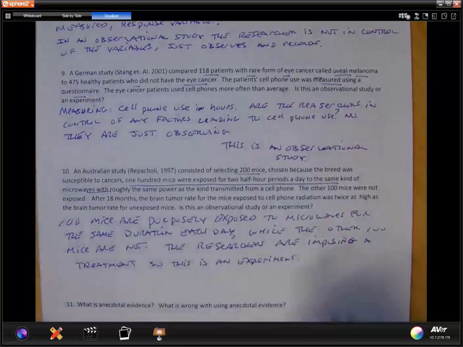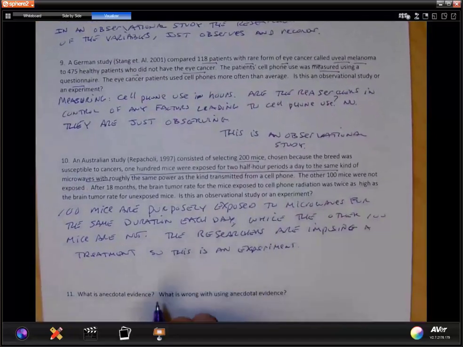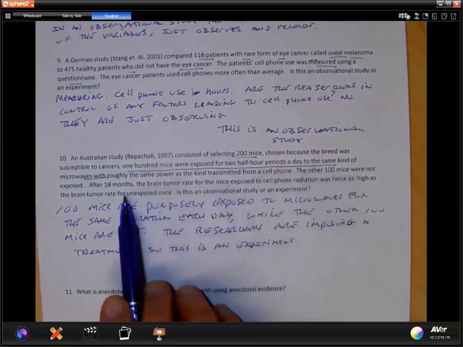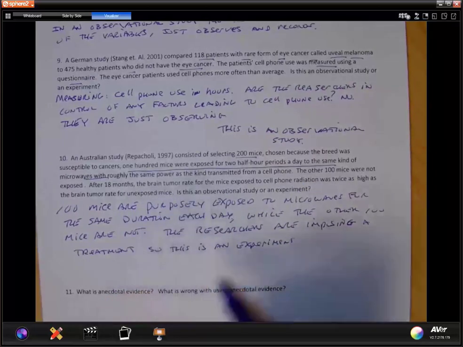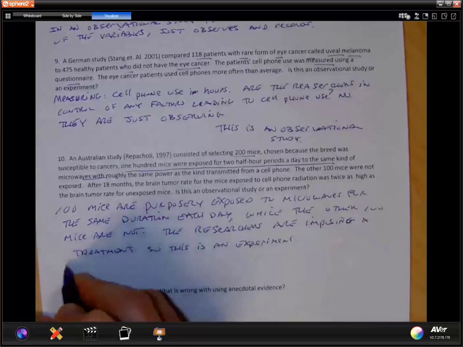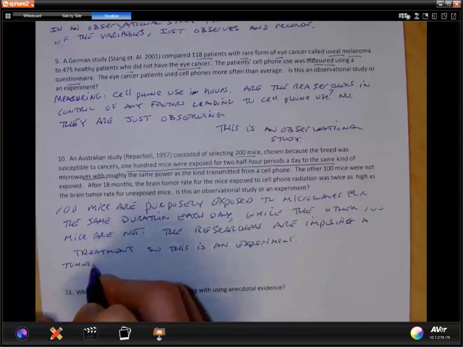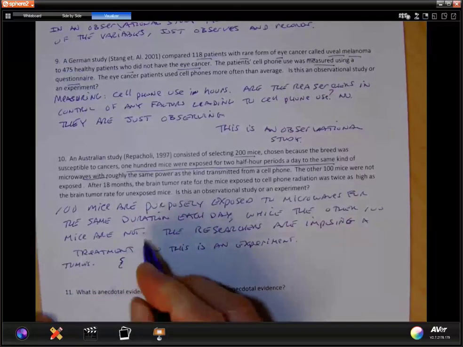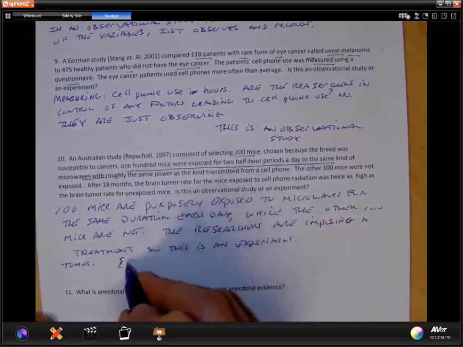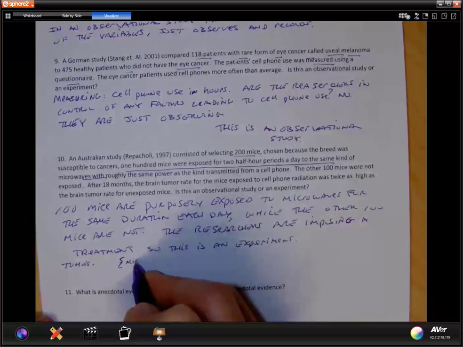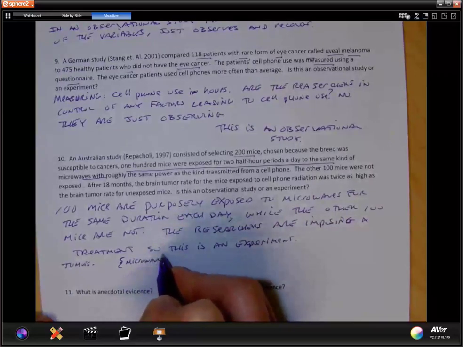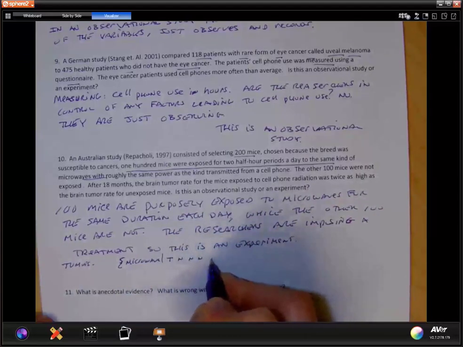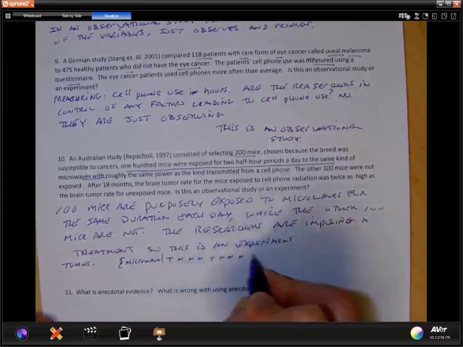Just to complete this a little bit, you notice the 100 mice were not exposed, and what's being measured after 18 months is the brain tumor rate. So basically, we're looking for tumors. Let's say this is from the microwave group, and the data is going to look like this: yes, there's a tumor, no tumor, no tumor, no tumor, tumor, no tumor, no tumor, no tumor, tumor, and so on.